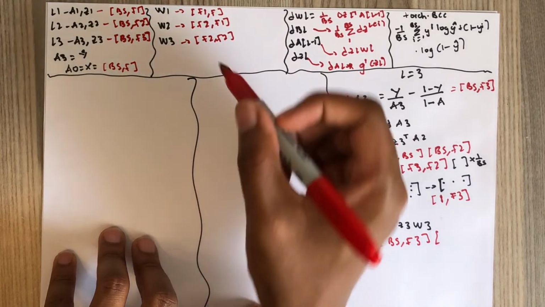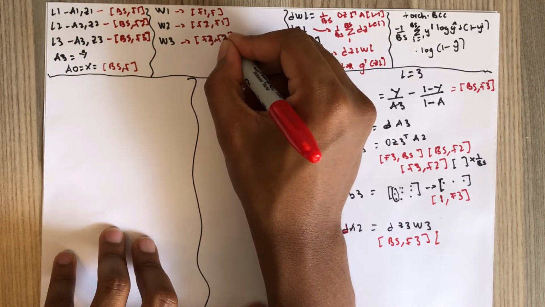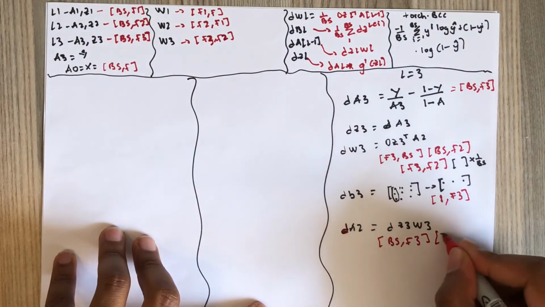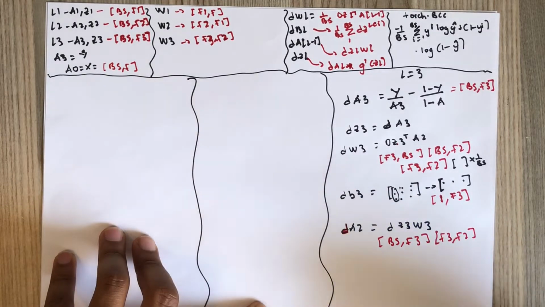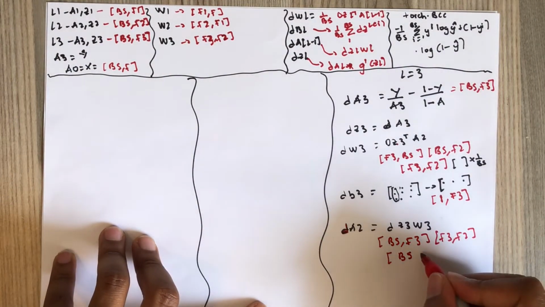I think this should be f3. I think I made a mistake here. Yeah, w3 had dimension of f3 by f2, and you end up with a tensor of dimension bs by f2.